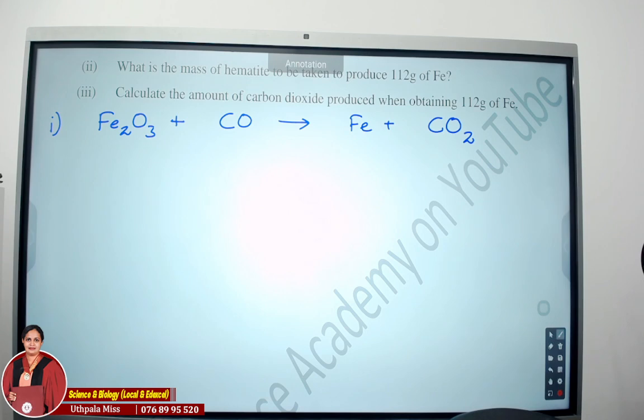Balance the equation. Have you balanced the equation?